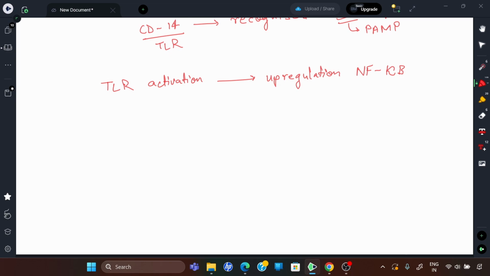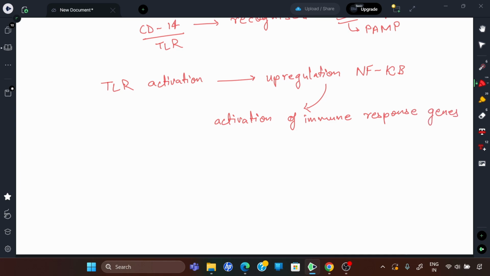It is upregulated when the toll-like receptor is activated. And upregulation of this molecule results in switching on of the immune response genes, right?